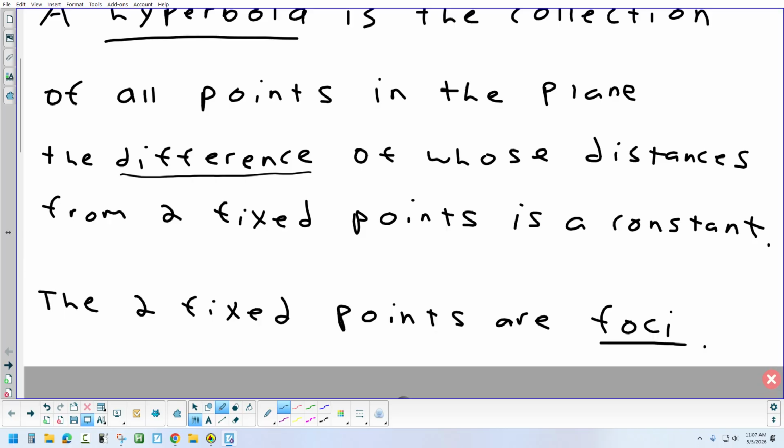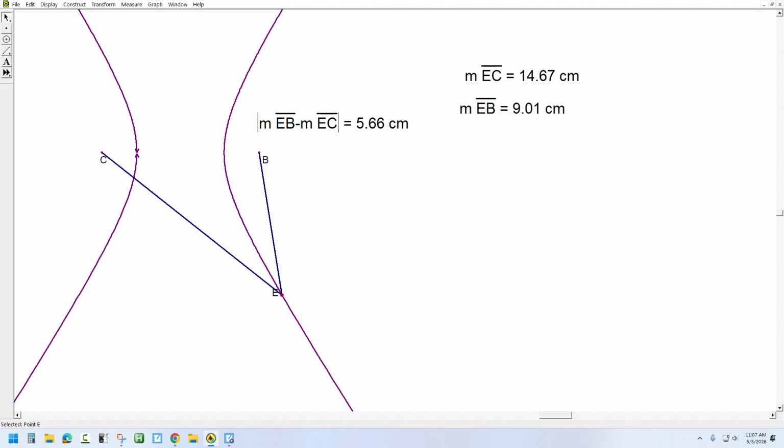So the first thing is that those two fixed points are what we call foci. And we had those in an ellipse. And the foci are imaginary points inside the parts of the hyperbola. The hyperbola doesn't go through the foci. It wraps around it.